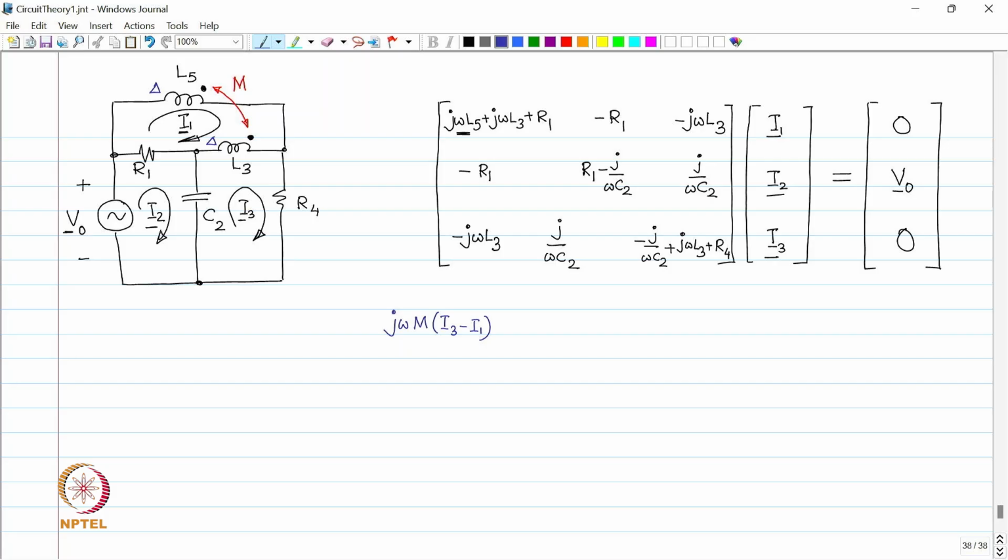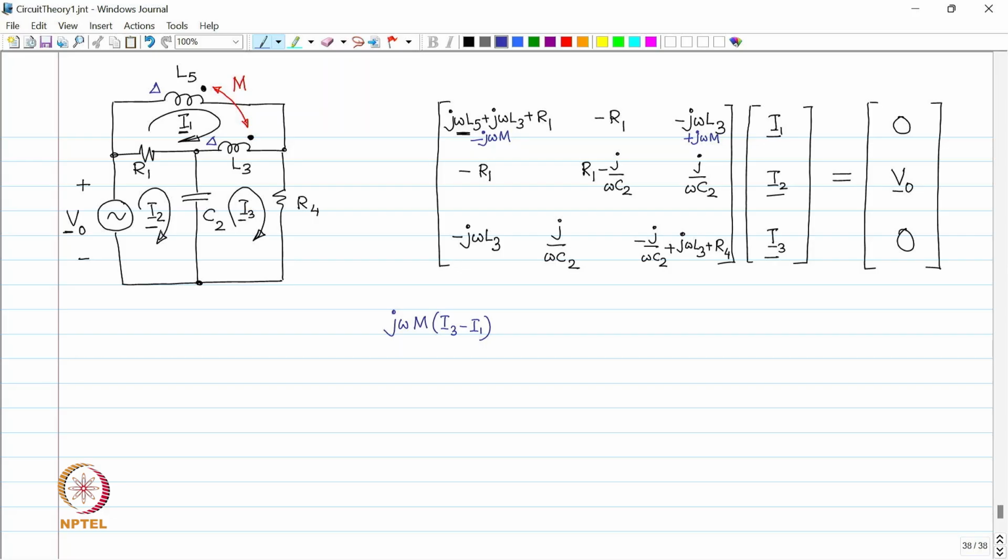Understood? So, I am going to add j omega m here and I am going to subtract j omega m here. Fine.